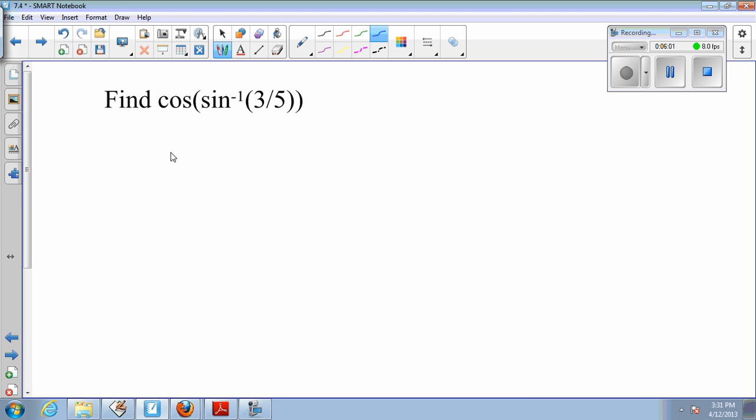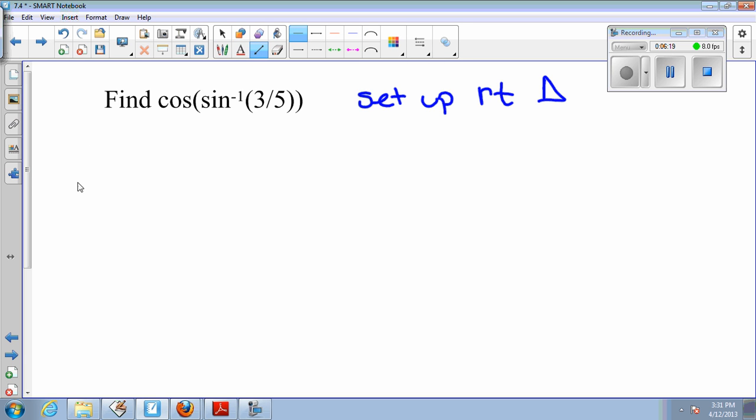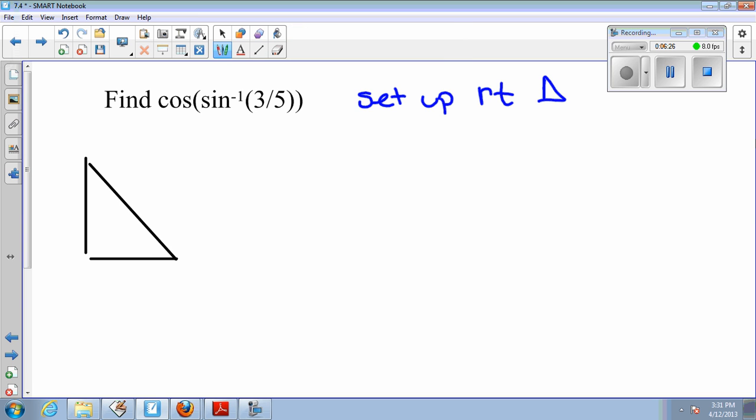Finding cosine of arc sine of 3/5. Okay, so we're working with sine, cosine, and theta. So we're going to set this up into a right triangle. So here's our right triangle.